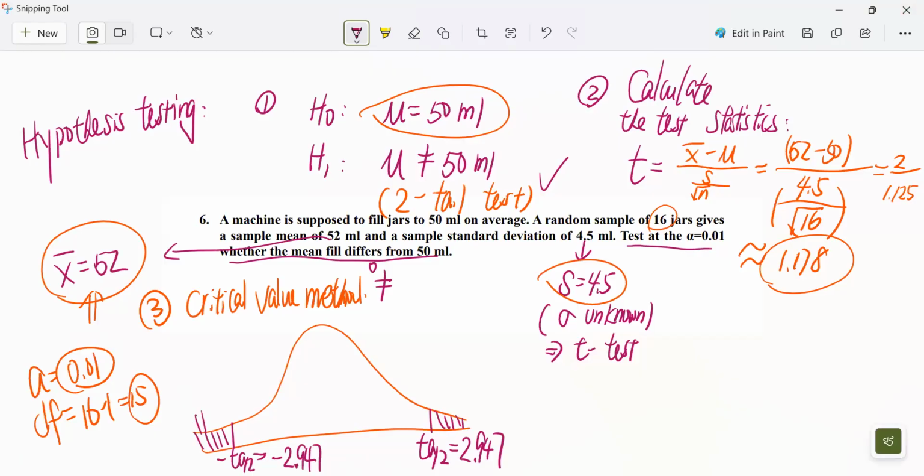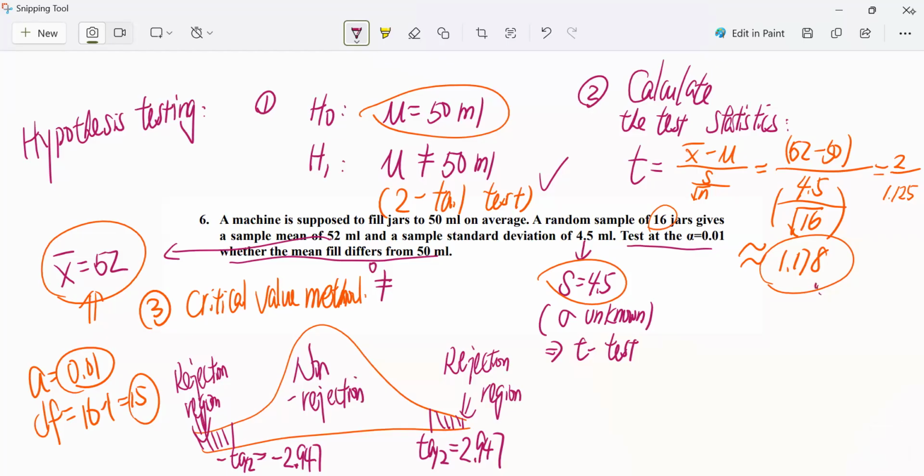So this is the rejection region, and the one on the right tail is the same thing. The middle one is called the non-rejection region. And it looks like this test t-score falls in the non-rejection region, between those two values.